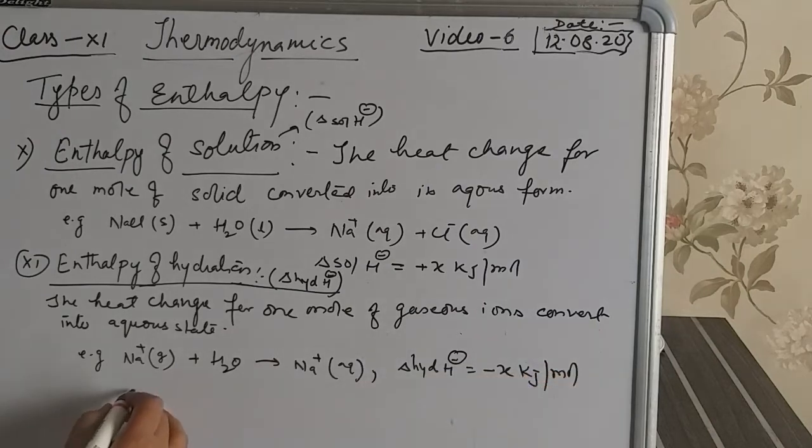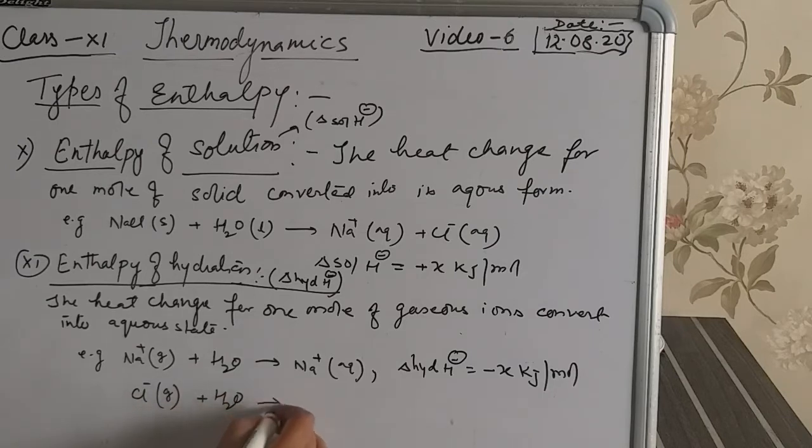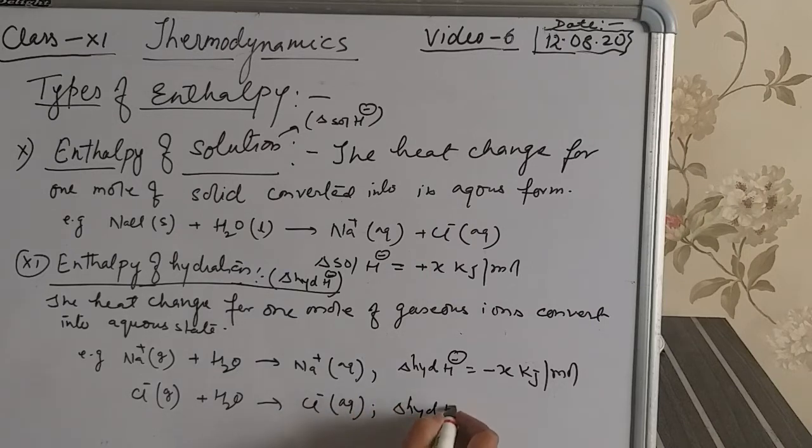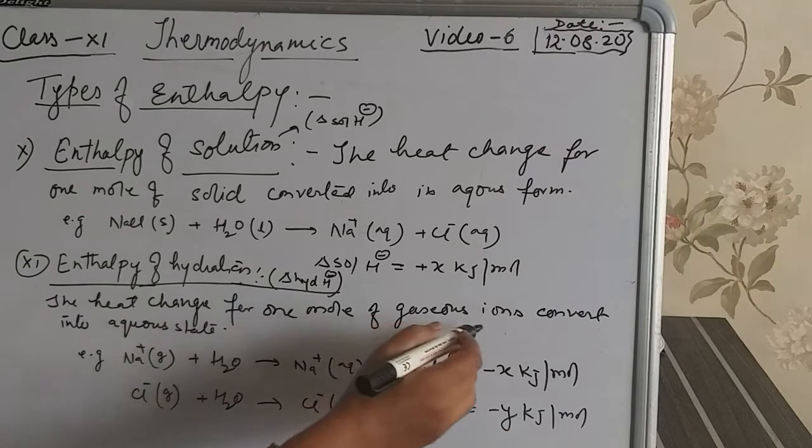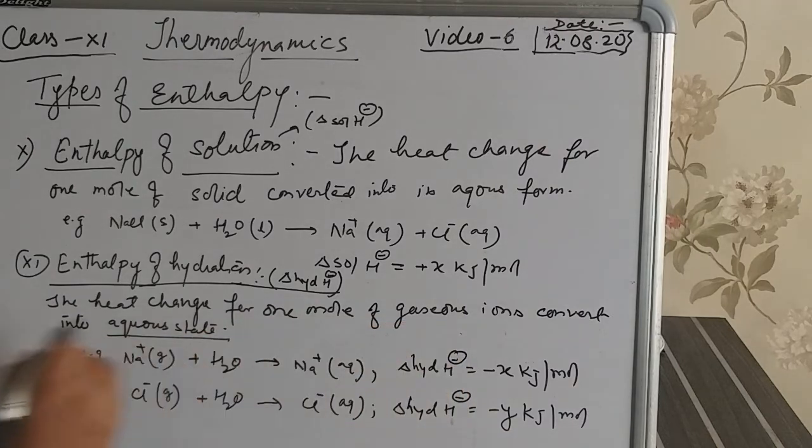Similarly, we have chloride ion, which is also in gaseous form, dissolved in H2O, so it will form chloride aqueous, and del H hydration is Y kilojoule per mole. So this is the enthalpy of hydration. The heat change for 1 mole of gaseous ions converted into aqueous state.